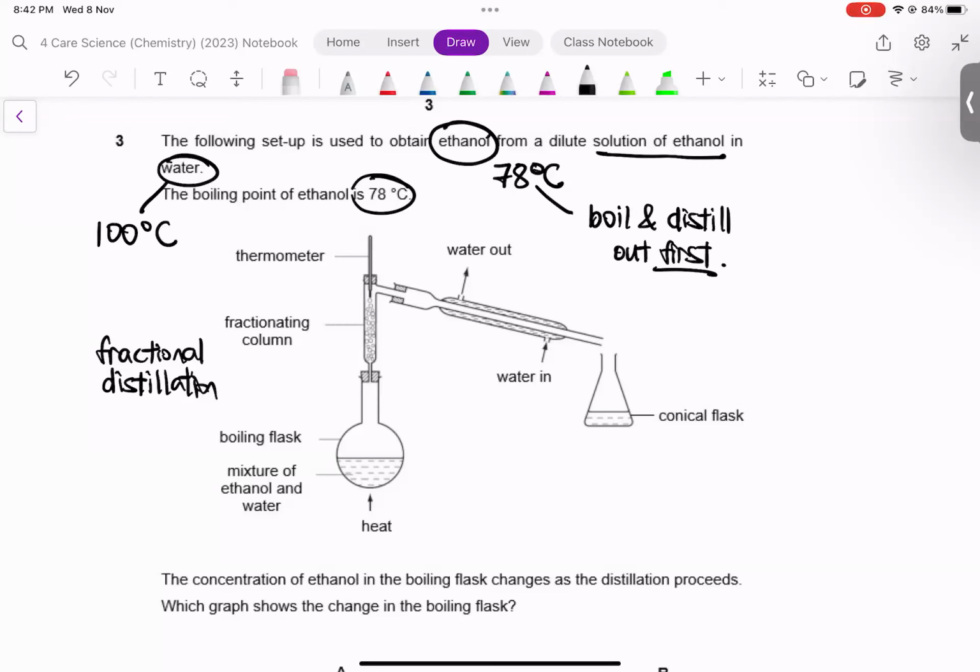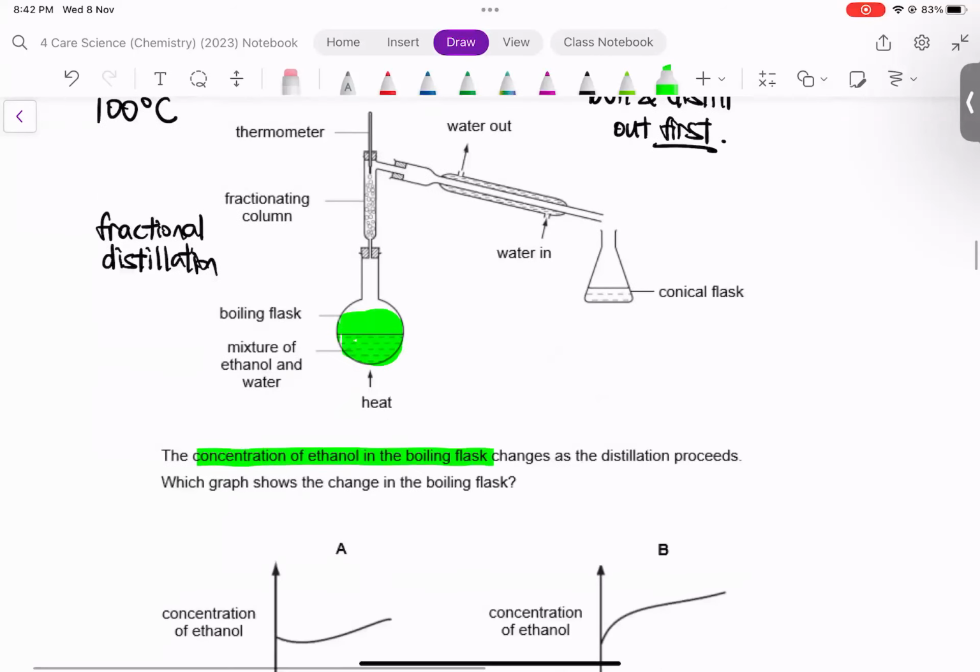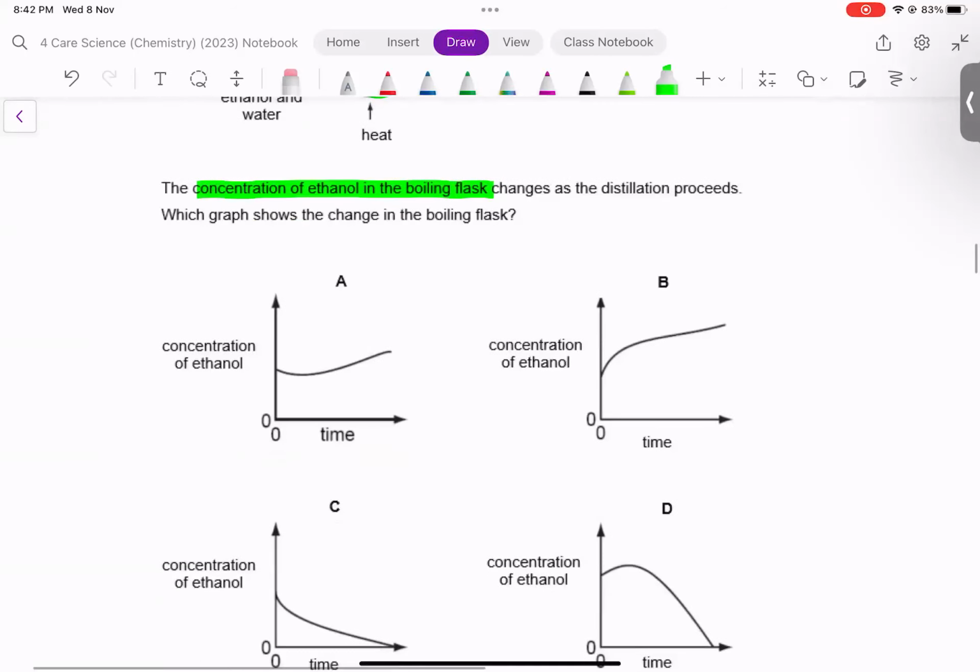So once you realize that ethanol is the one that boils and distills out first, how will the concentration of ethanol in the original boiling flask, which is this, change? Once you know that ethanol boils off first, if it boils off, the ethanol is gone.